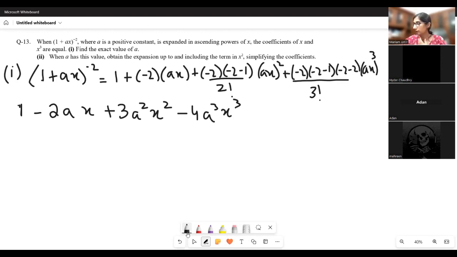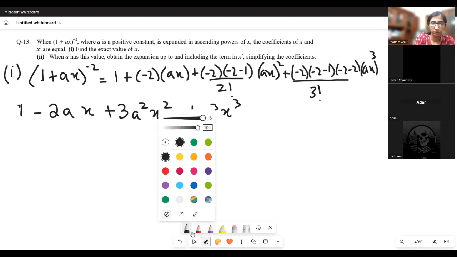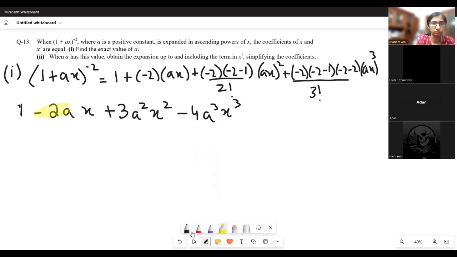Now the question said that the coefficients of x cube and x are equal. So equate these two. Minus 2a equals minus 4a cube. A bad idea would be cancelling the a's on both sides. A better approach is moving both expressions to the same side and then factorizing.